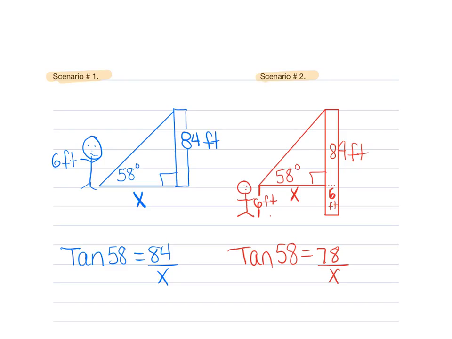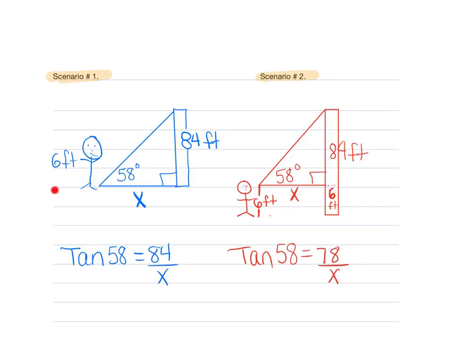Scenario number 1. Here's my 6-foot person. Here's my 58-degree angle of elevation, and here is my 84-foot lighthouse. And here's x. If I use this angle, opposite and adjacent, to find this missing side, what do I do with his height?